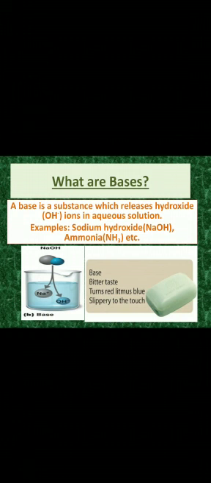If we take an example of sodium hydroxide in water, it releases Na+ and OH- ions. Sometimes another term is used instead of bases, that is alkali. Alkalis are basically those bases that are soluble in water. In short, water soluble bases are called alkalis.